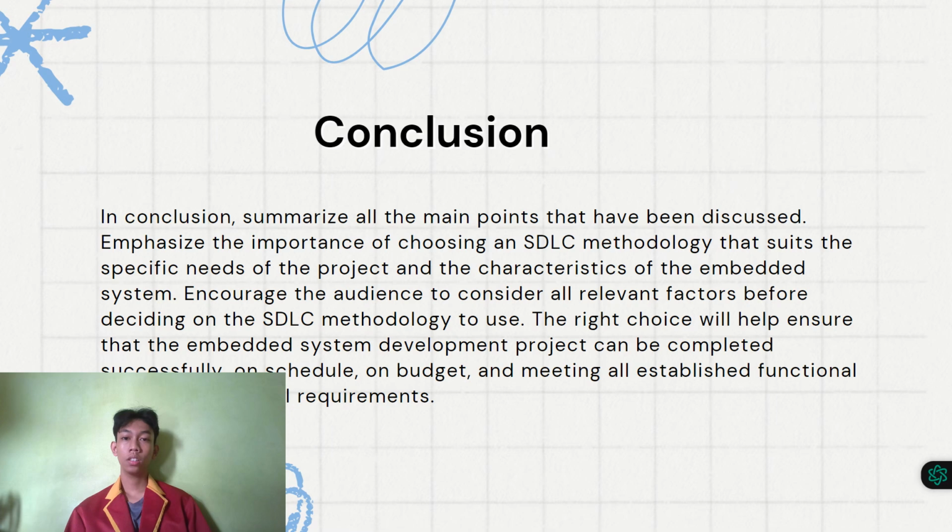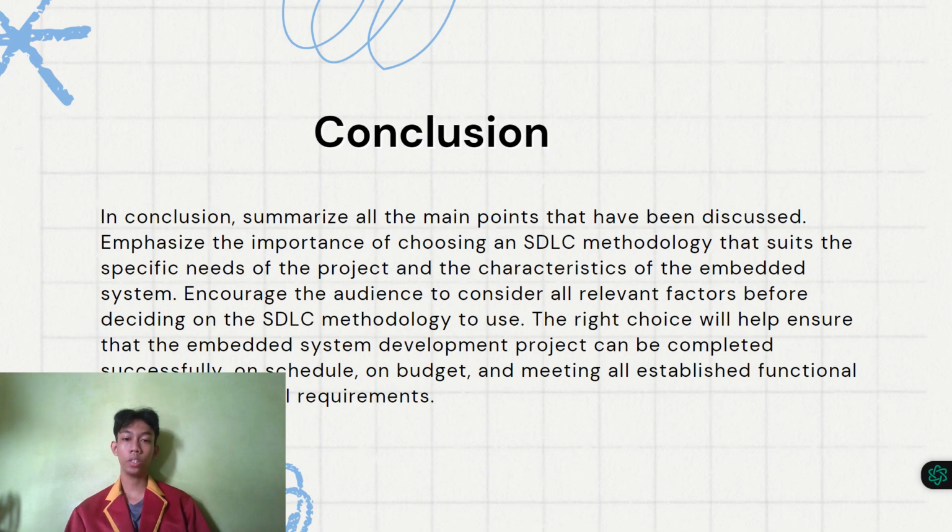Okay, the last, conclusion. In conclusion, summarize all the main points that have been discussed. Emphasize the importance of choosing an SDLC methodology that suits the specific needs of the project and the characteristics of the embedded system.